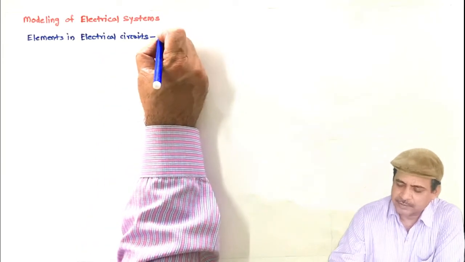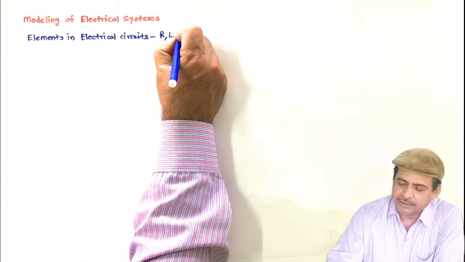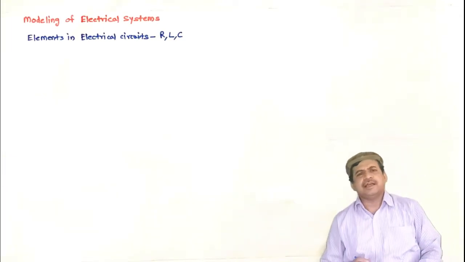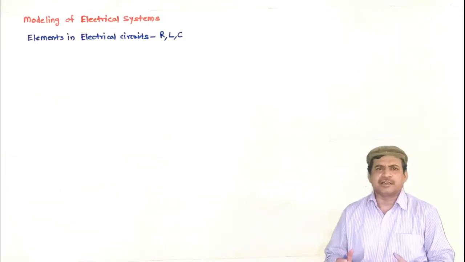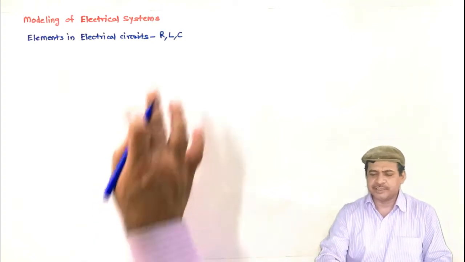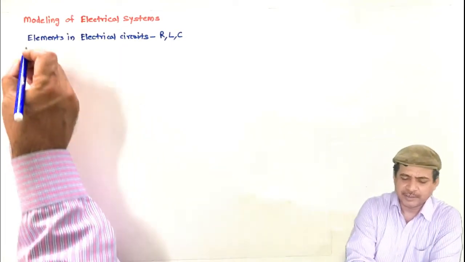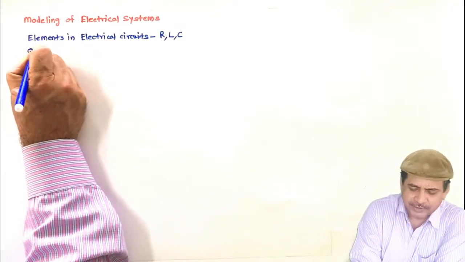Those are resistors, inductor and capacitor, and along with that there are energy sources, that is voltage source and current source. But these are the three basic elements.